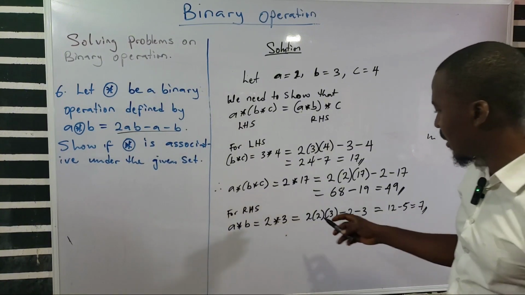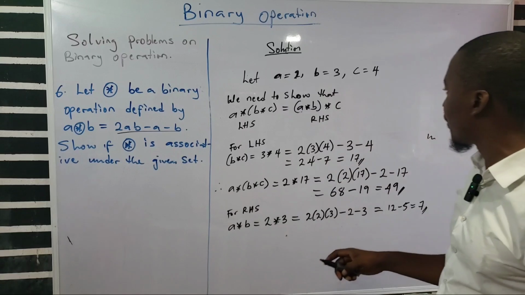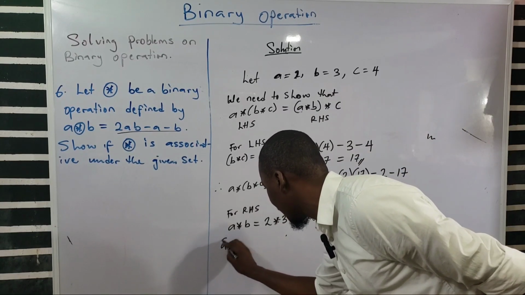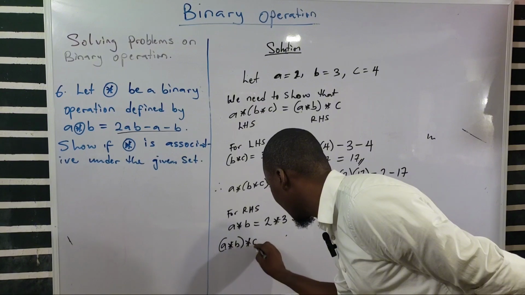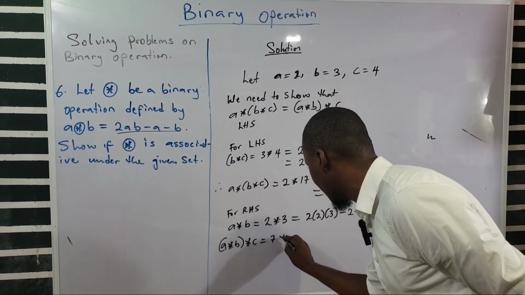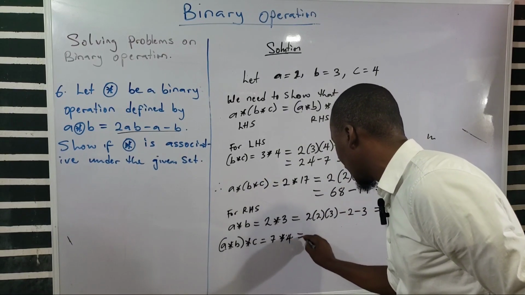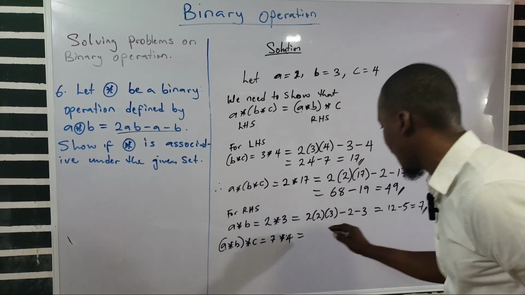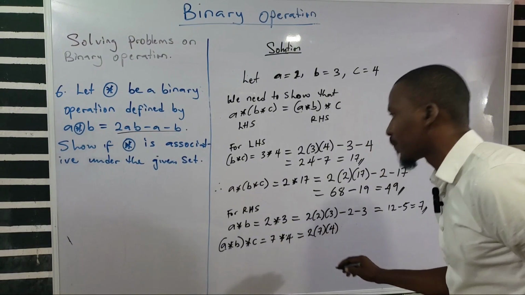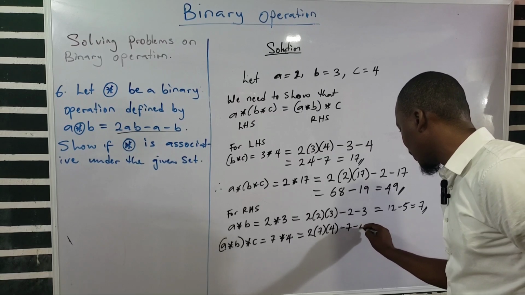Okay. So the next thing, now that we have gotten our A binary B, is to incorporate the C. So (A binary B) binary C will give us, we have gotten A binary B as 7, binary C is 4. So that will give us 2 into 7 into 4, minus 7 minus 4.